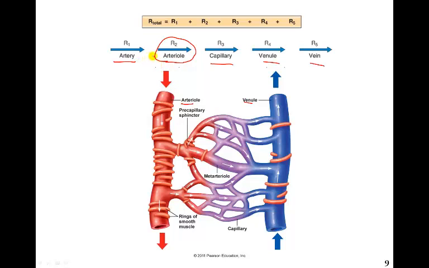So arterioles especially become the limiting point for blood flow, and the resistance of arterioles can have big effects on the total resistance of the blood flowing through a certain organ, and can make blood flow through that organ drop quite a bit, or go up. If the arterioles constrict, it can cause blood flow to drop. If arterioles dilate, it can cause blood flow to increase.